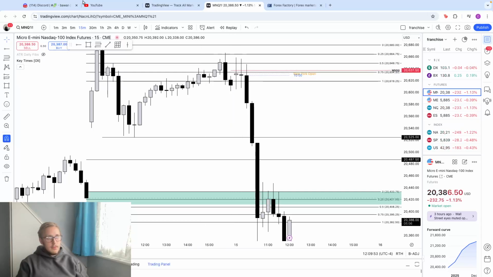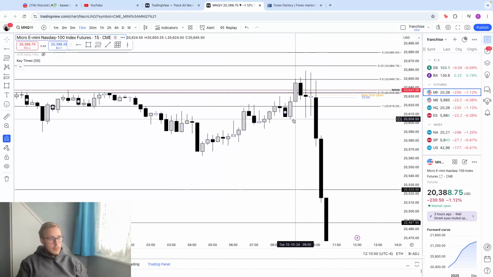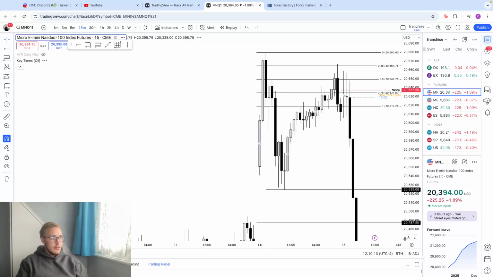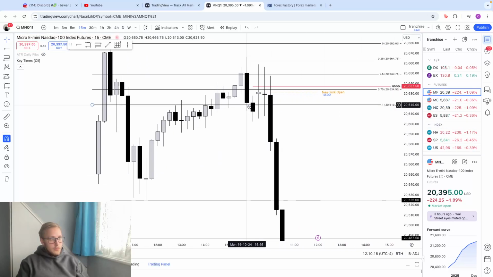Unless I marked this out wrong, I don't think I have. Daily open. Yeah, so we closed there, open there. Cool. I didn't think I marked that wrong anyway.